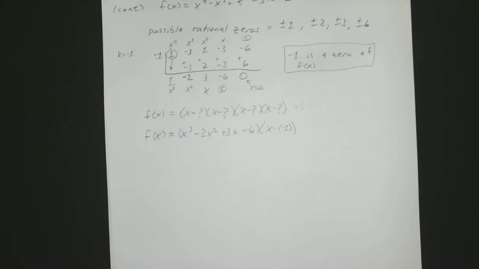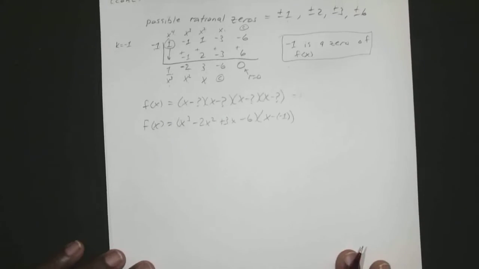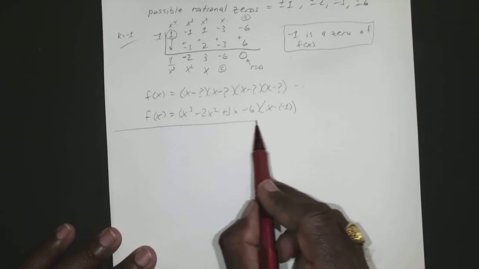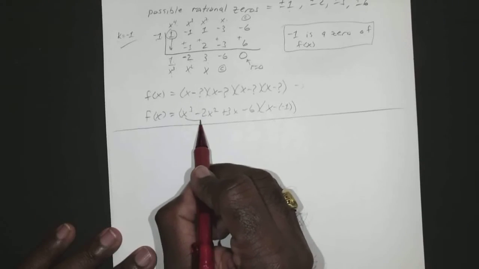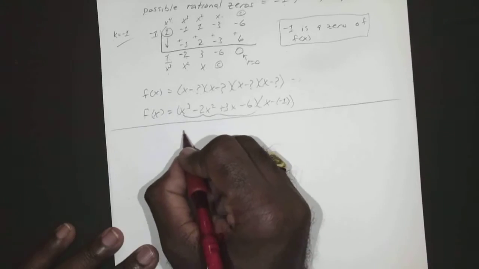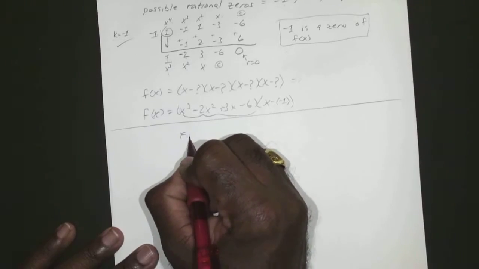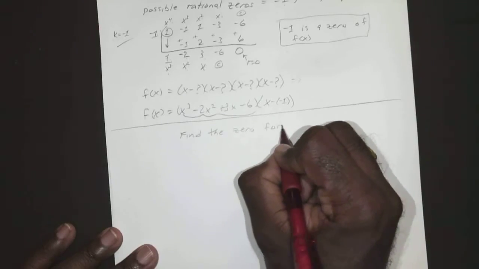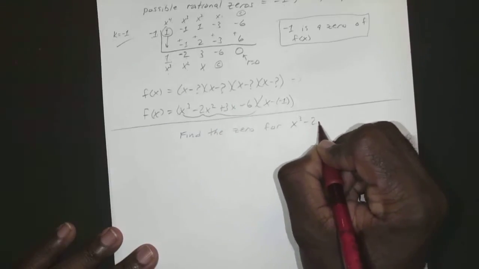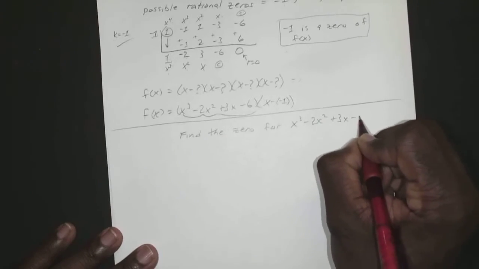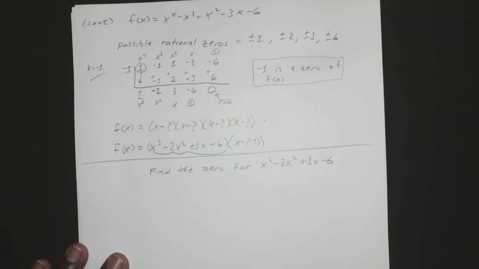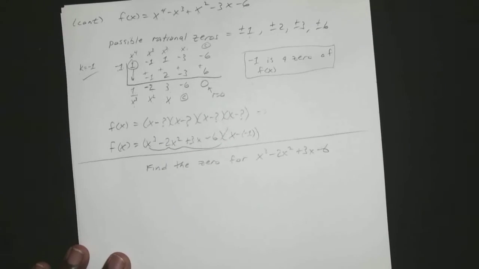We already have -1 out of the way, so now we just have to find the 0 for x cubed minus 2x squared plus 3x minus 6. We're just looking for this one now.